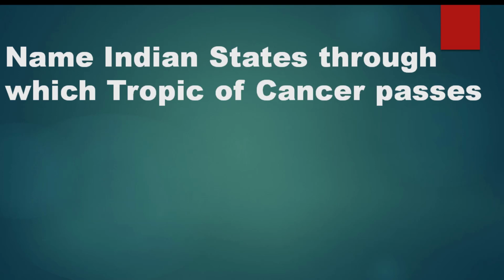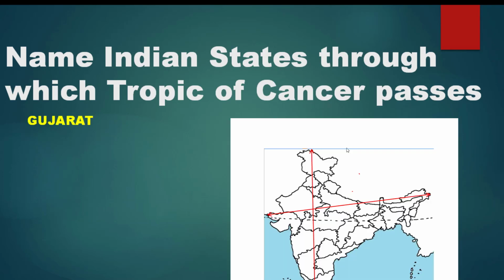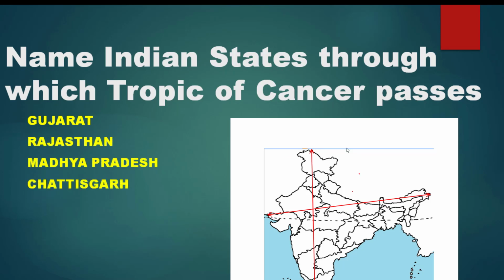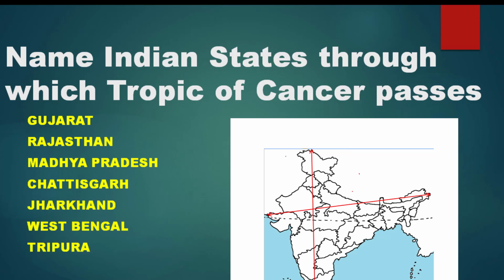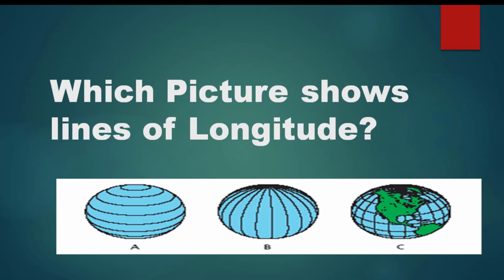Name the Indian states through which the Tropic of Cancer passes. You saw the map? Yes, it is Gujarat, Rajasthan, Madhya Pradesh, Chhattisgarh, Jharkhand, West Bengal, Tripura and Mizoram. Which picture shows lines of longitude?